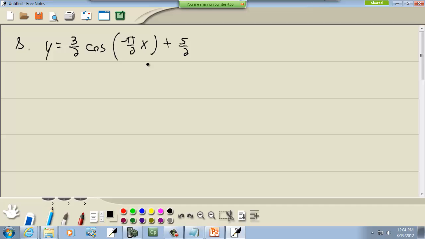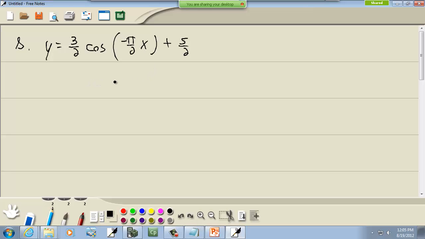By the way, on these problems, if you do them in your calculator, again, you have to find your period because you have to know what your x min and x max is going to be, and then you also have to have an idea of your amplitudes to see what your y value is going to be. And I'll actually plug this one into my calculator, assuming I don't forget.